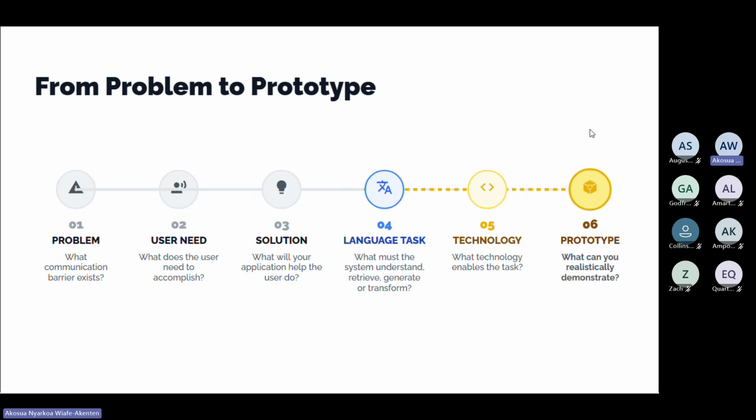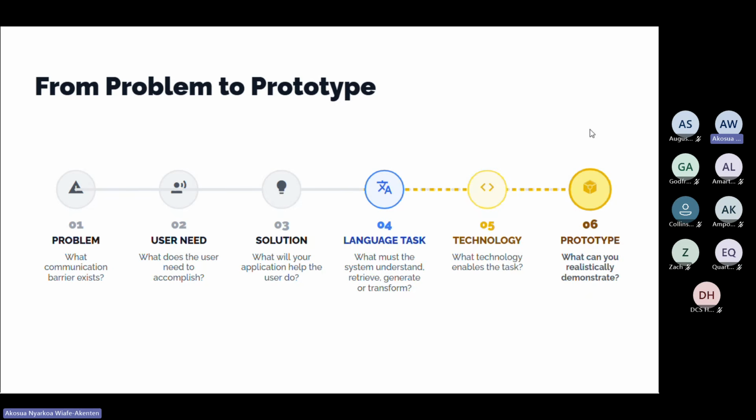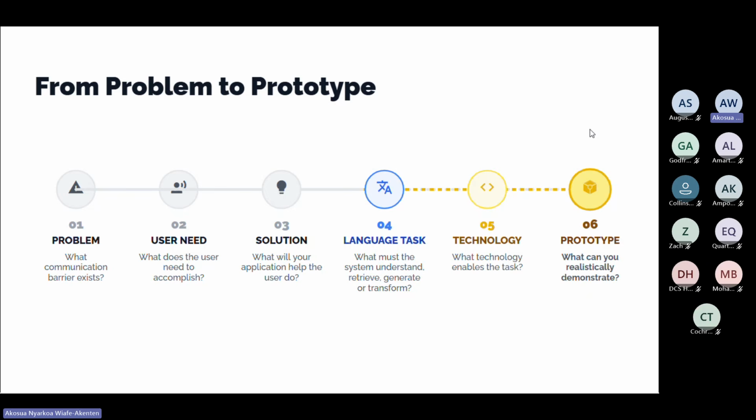The first one is the problem. Okay, so far in the series, we've been introduced to how we can identify problems, right? So I wouldn't talk much, but at this point of the problem phase, we are asking ourselves as teams, what communication barriers exist? Remember that for this impact track, which is the AI and language category, we are looking at mostly eliminating some of these communication barriers that exist within the Ghanaian language context. So what communication barrier exists?